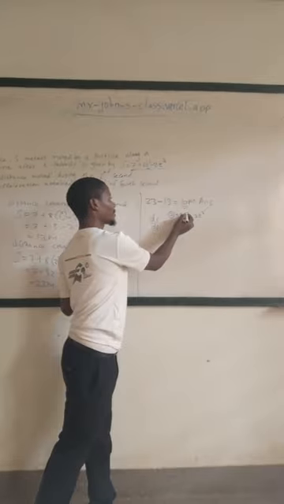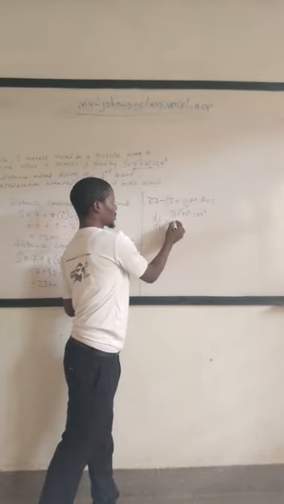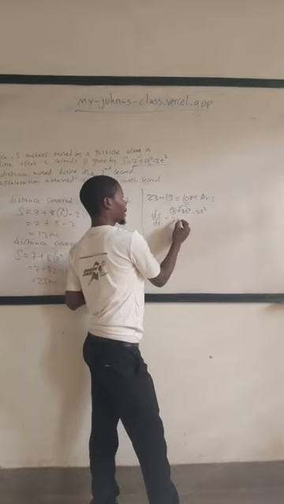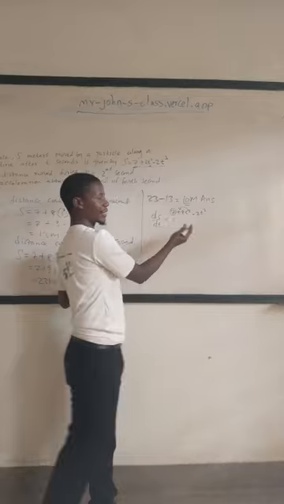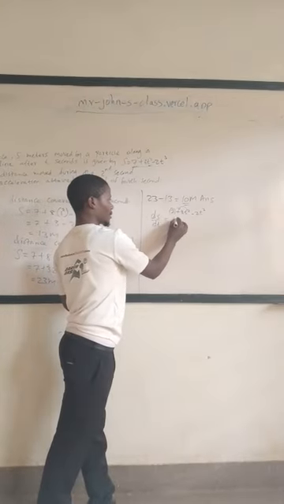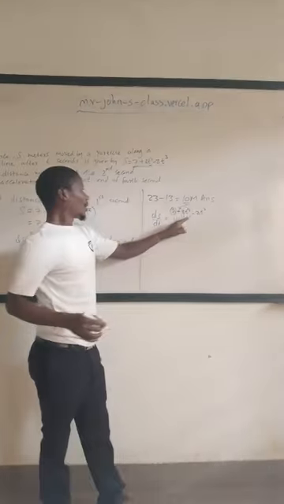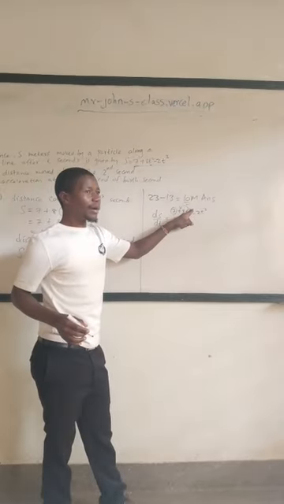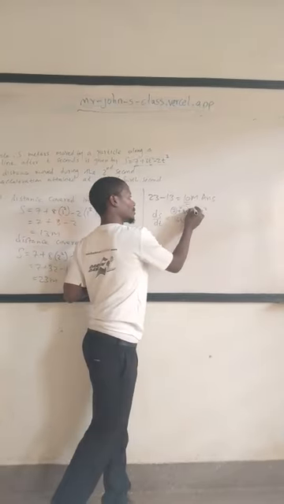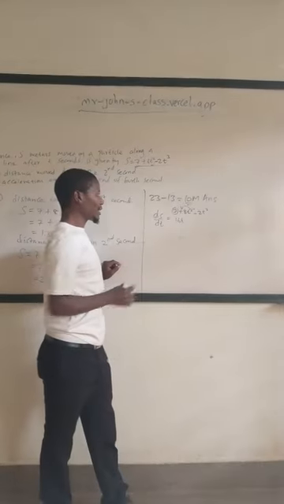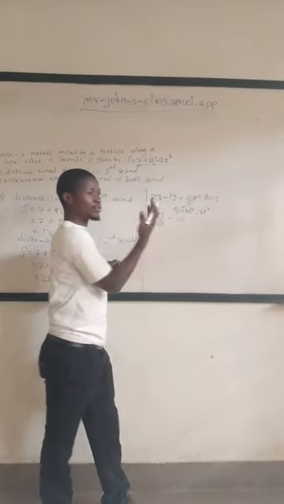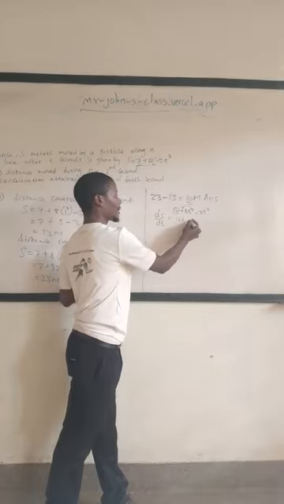We bring this power down, so it becomes 2 times 8, that gives me 16t. Then to this power, we minus 1, so 2 minus 1 is 1. t raised to power 1 is t. So you have 16t minus.